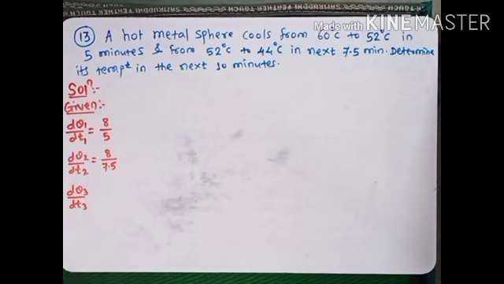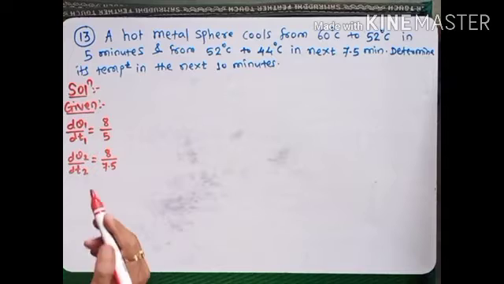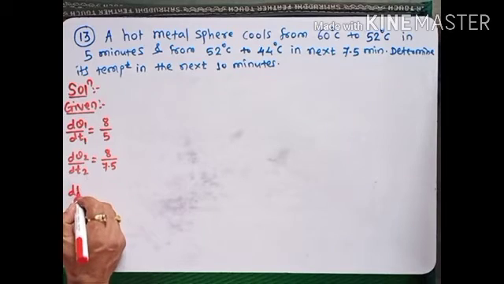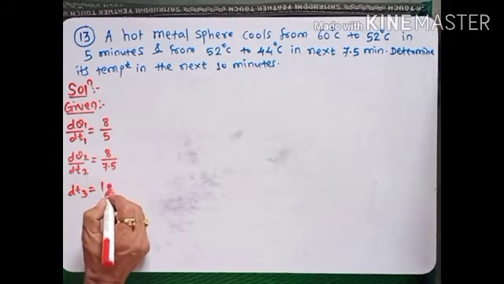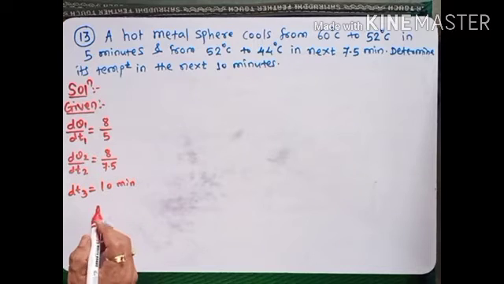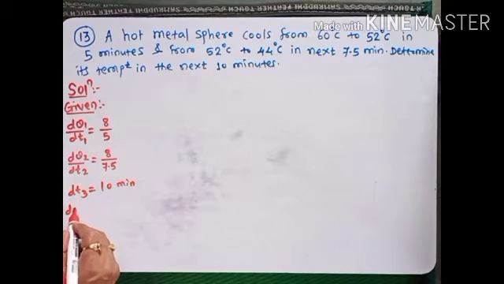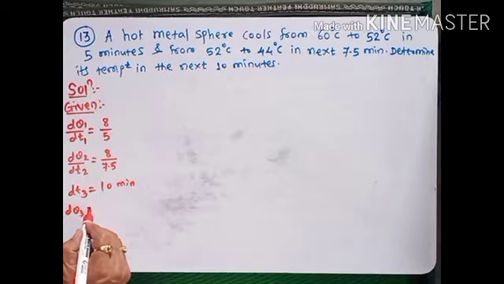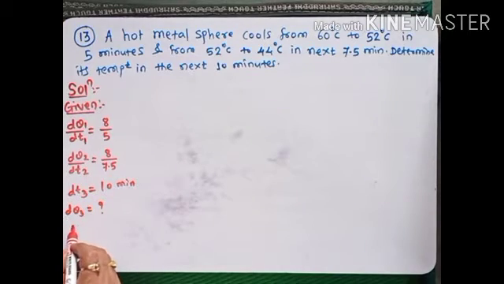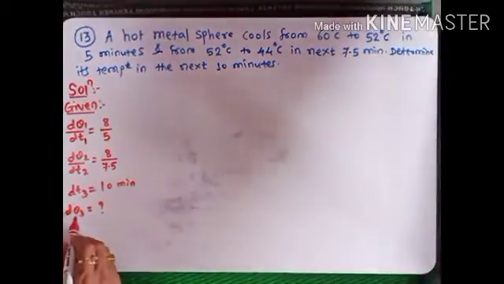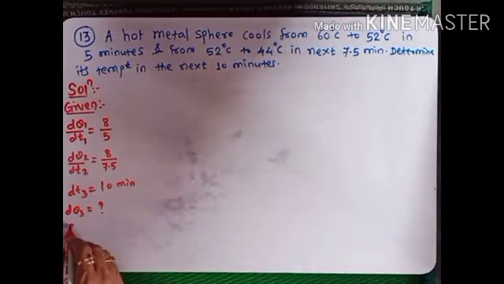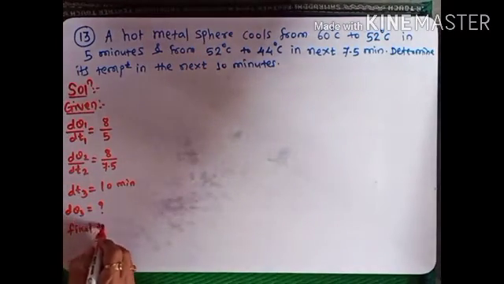We have to obtain d theta 3. Suppose dt3 is given as 10 minutes and we have to obtain d theta 3, or the final temperature.